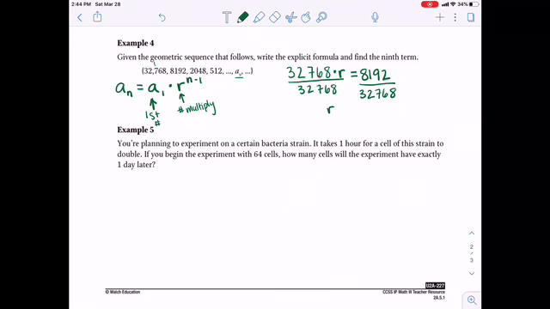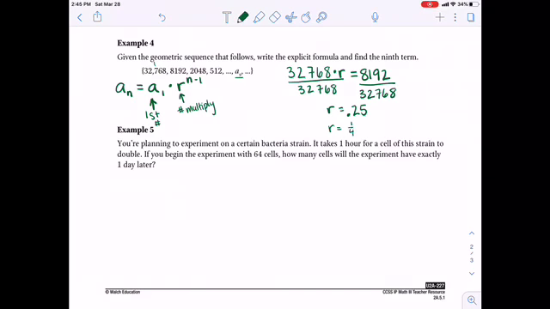So if I type this into my calculator, I have 8,192 divided by 32,768, and my calculator says that it equals 0.25, which is my common ratio. Now, it doesn't matter if you write it as a decimal or if you write it as a fraction 1/4.